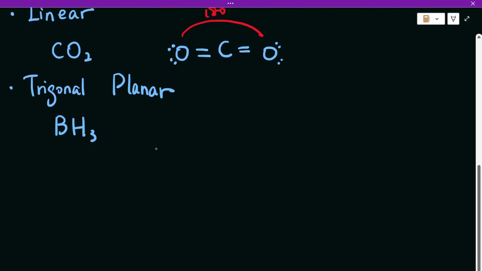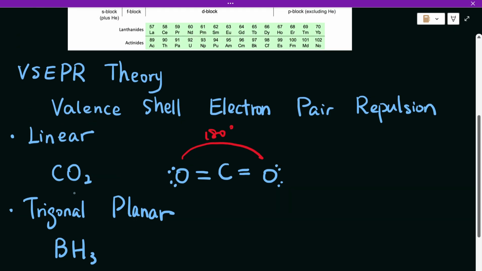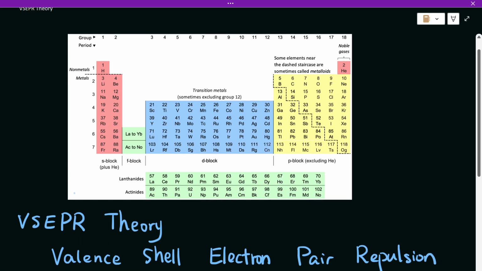And if we draw the Lewis structural diagram for this molecule, we will see that boron, since boron is in group 13, will have 3 valence electrons.